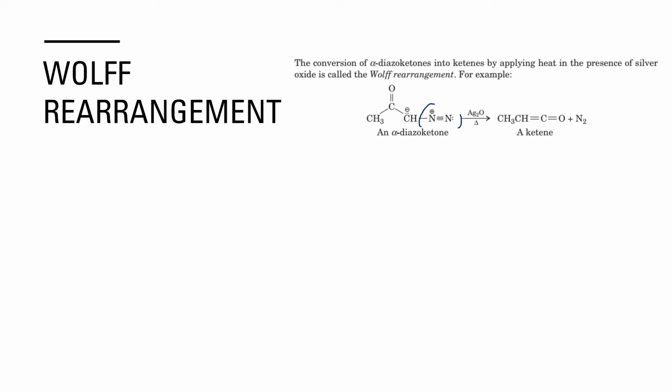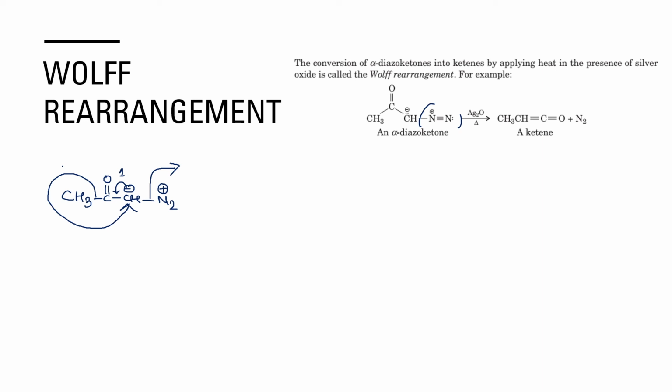So this reaction is pretty simple. The mechanism is very easy. So you take CH3, C double bond O, CH with a negative charge, N2 with a positive charge. This negative comes here. This comes over here and this goes out.